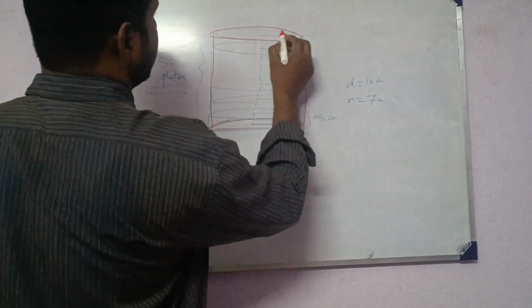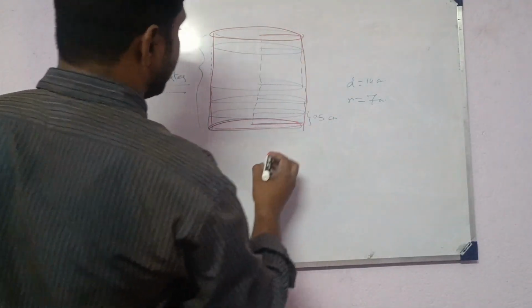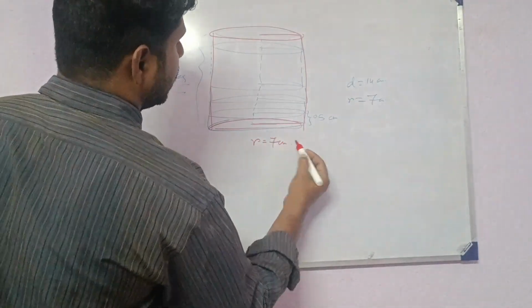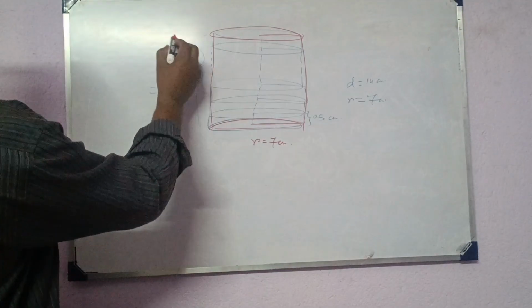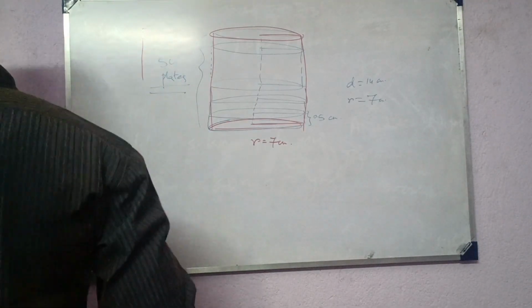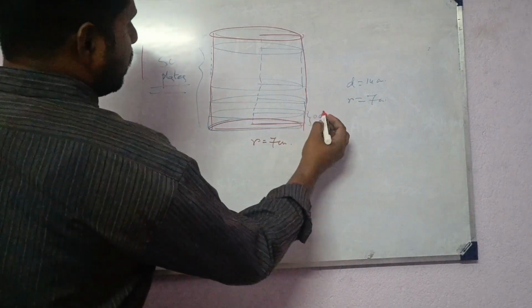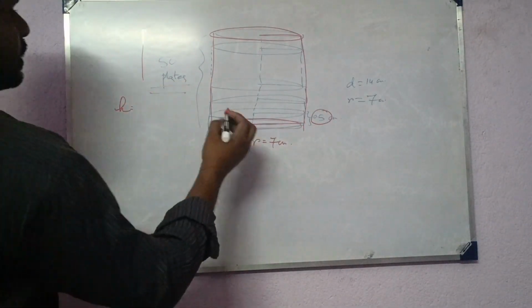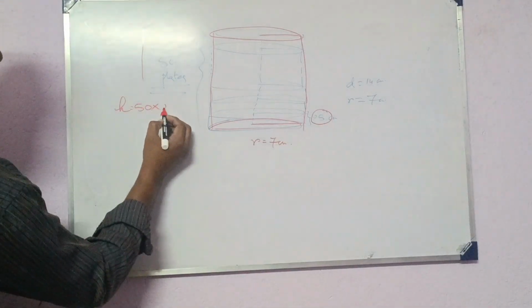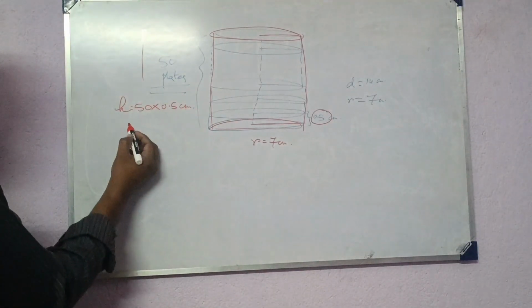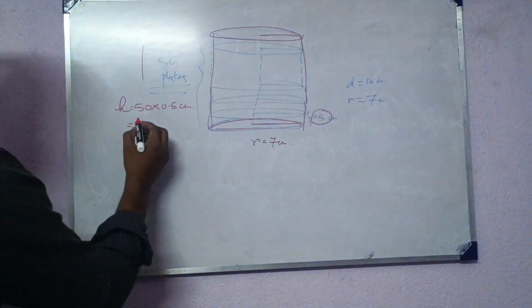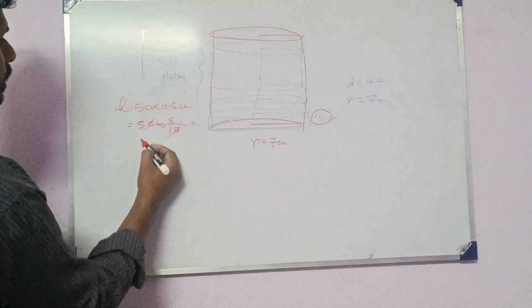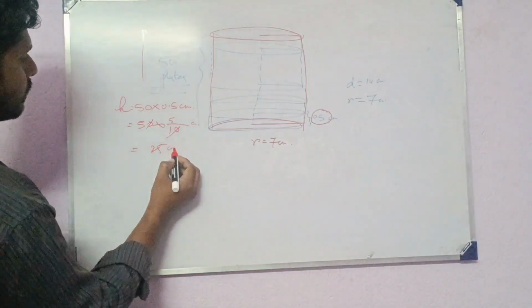We have got a whole cylinder, whose radius is 7 centimeter, and the height is, one plate is 0.5 centimeter, so 50 plates are there, so the height is 50 into 0.5 centimeter, that is 50 into 5 by 10 centimeter, 25 centimeter.